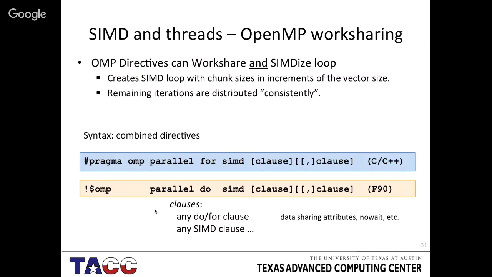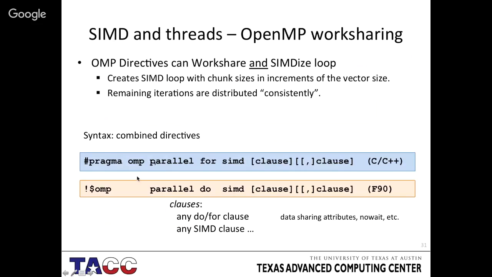The other scenario is that you can use SIMD instructions within a work sharing construct. So we now have this combined directive of parallel for and then SIMD, with its clauses for the SIMD, or additional clauses, whatever you need for the for statement too.